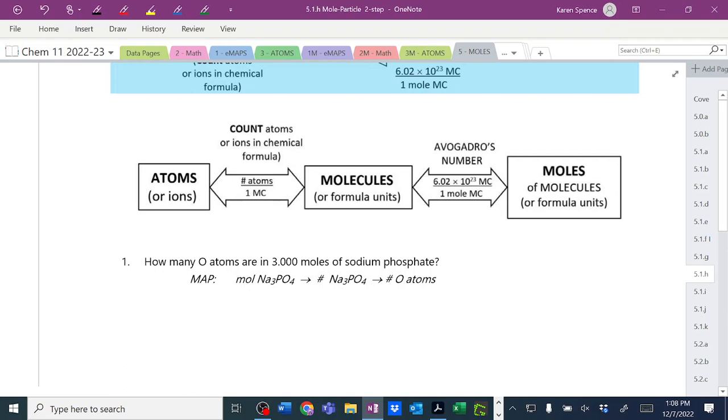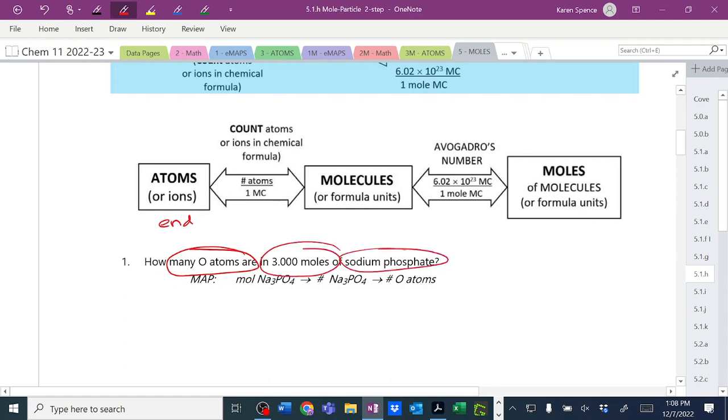But what you can do is say, I want to know how many O atoms. So that means this is my ending point, right? My number of atoms are in 3 moles of sodium phosphate. So I'm starting here. This is my starting point.